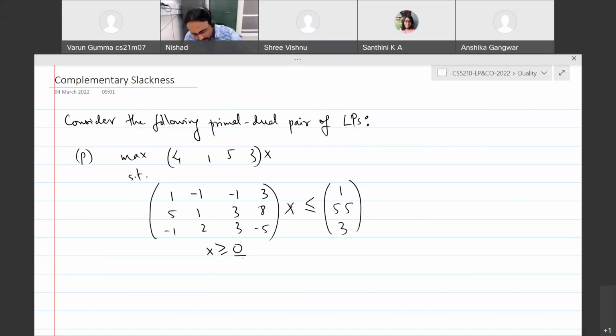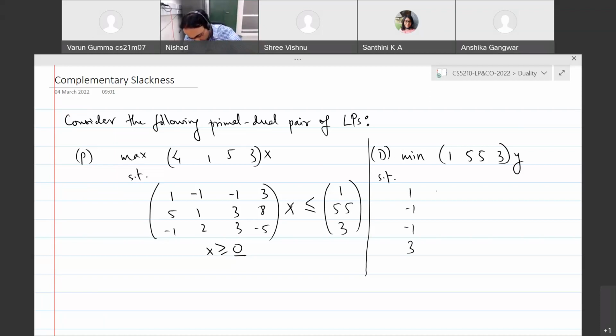All right, and let's write down the dual quickly. So the primal is a maximization problem, the dual is going to be minimization, and we are going to have b transpose y for the dual variables y subject to, let's take the transpose of this matrix. So we have 1, minus 1, minus 1, 3, 5, 1, 3, 8, and minus 1, 2, 3, minus 5.